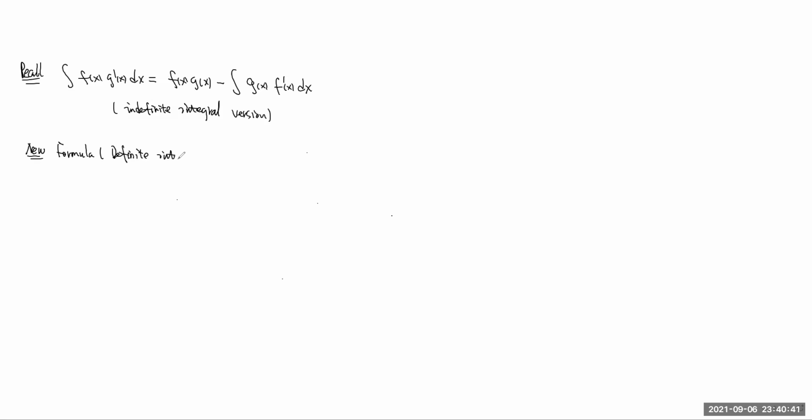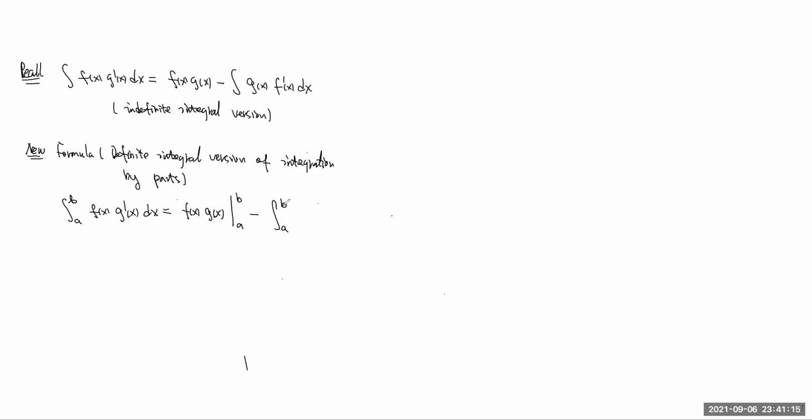If we evaluate this by the fundamental theorem of calculus, we will have a new formula. Or you can say this is the definite integral version of integration by parts. So the formula is the integral from a to b of f(x) g'(x) dx is f(x) g(x) evaluated from a to b minus the definite integral from a to b of g(x) f'(x) dx.